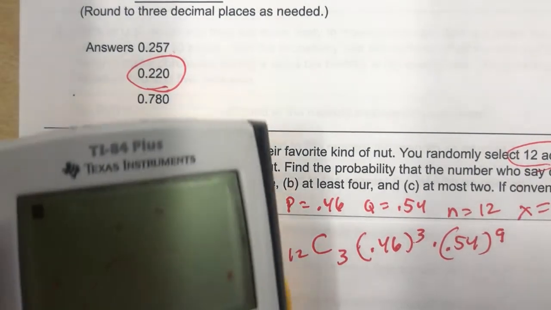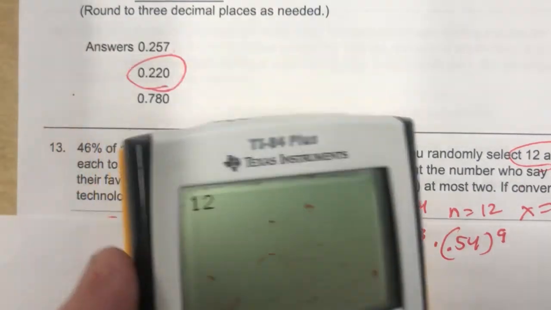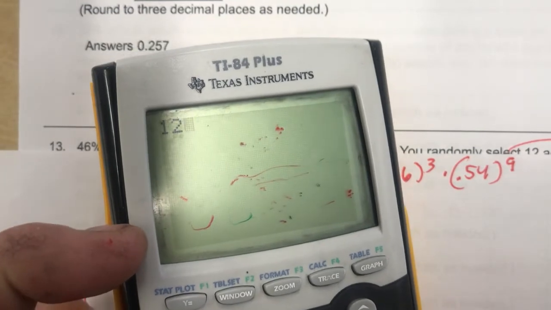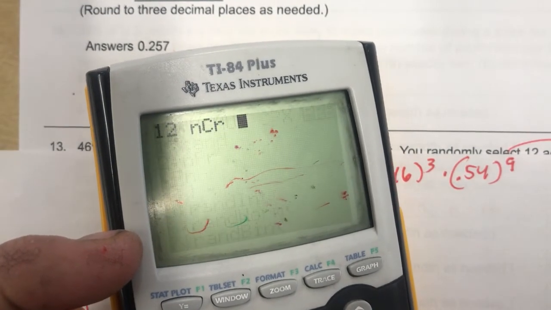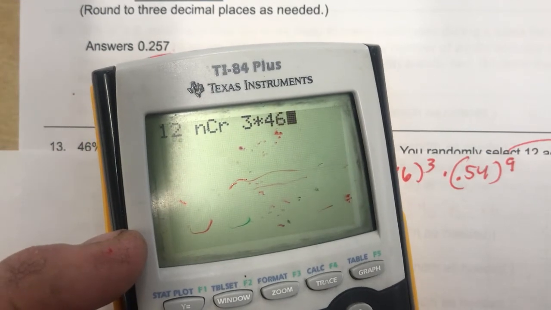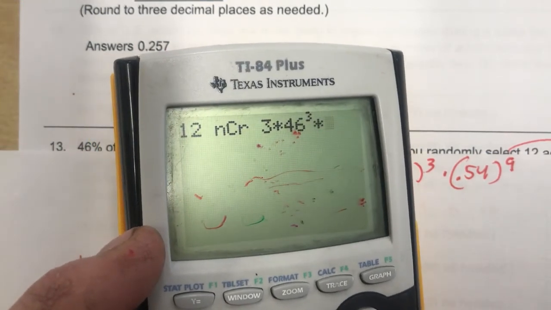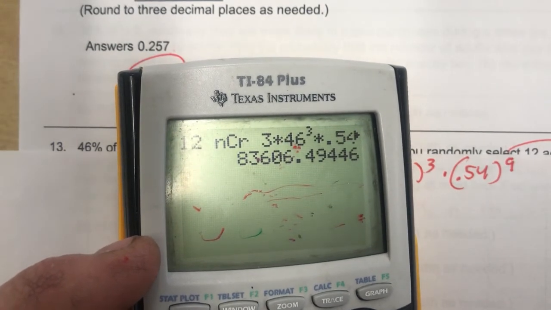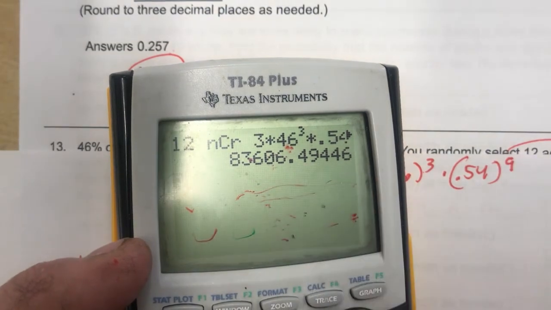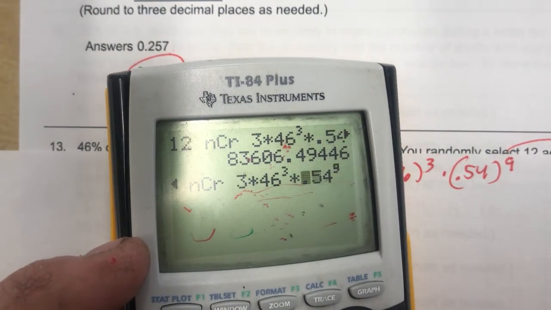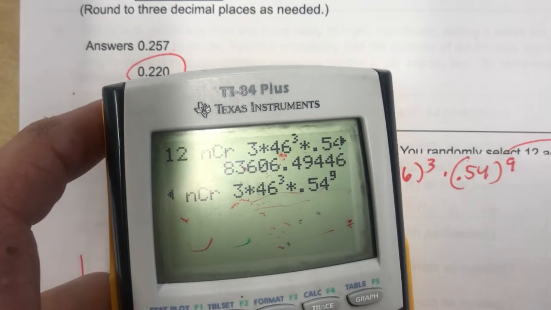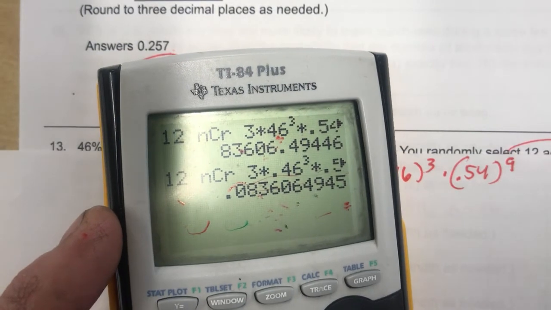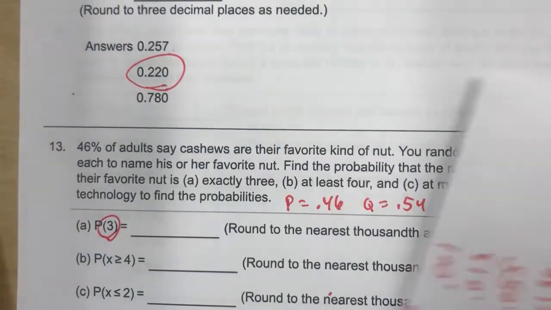All right, so when I do that here, 12 nCr 3 times 0.46 to the 3rd power times 0.54 to the 9th power, and I get this. Oh, I did 46, not 0.46. I didn't hit my decimal. Insert a decimal there. There you go, 0.083, which is 0.84. The 6 makes the 3 go up to the 4. So 0.84, and look at that, we're good.